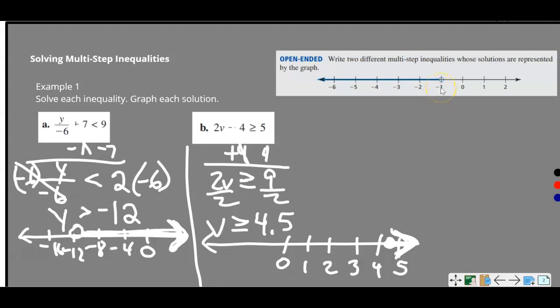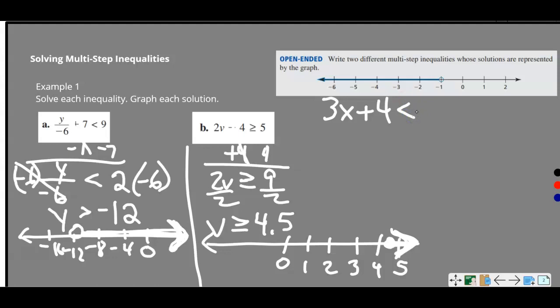Let's go from -1. Let's say we add 4. If we add 4, we're going to end up at 3. If we're at 3 and we divide by 3, we're going to end up at 1. Let's see if we can make something work. Let's say we've got 3x plus 4, and then we need this to be less than -1.